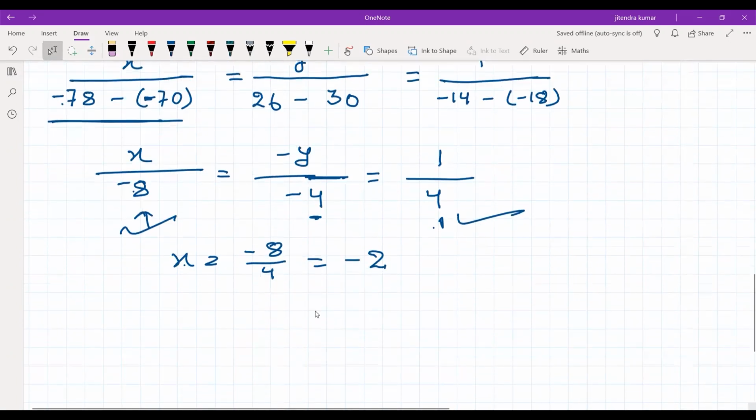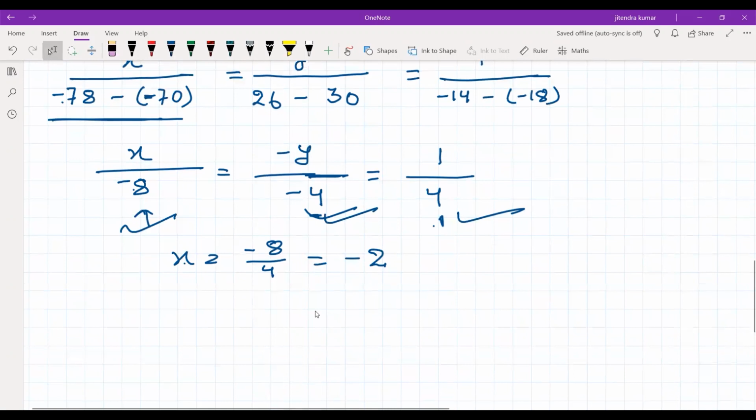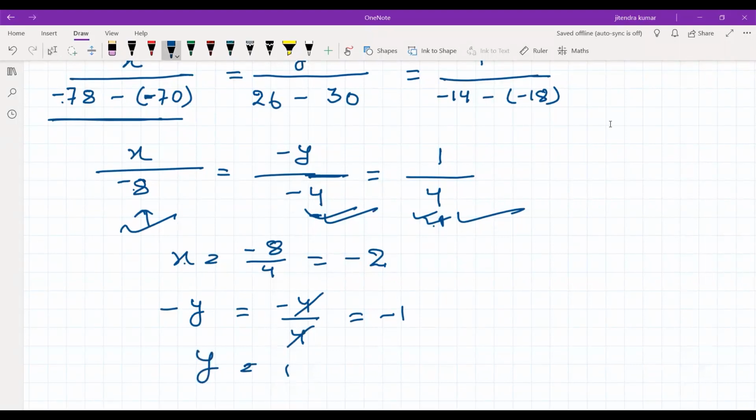Similarly, if you take these two, we will have minus y is equal to minus 4 upon 4, that will give us minus 1. So y will be equal to 1. These are our solutions: x is equal to minus 2 and y is equal to 1.